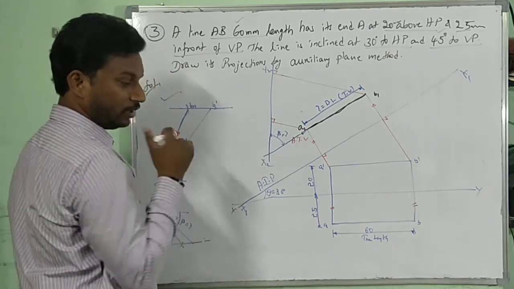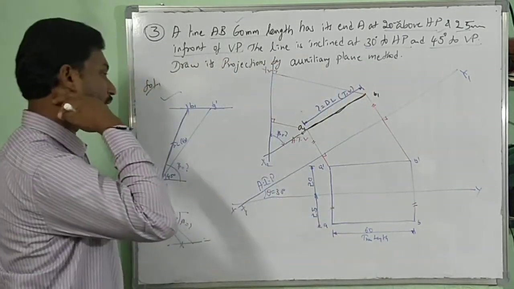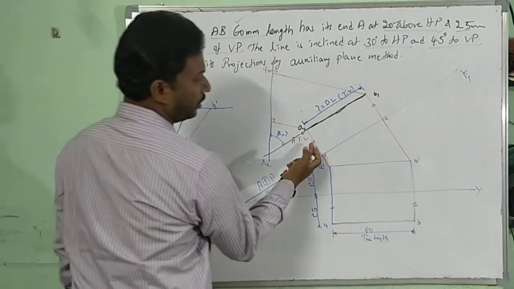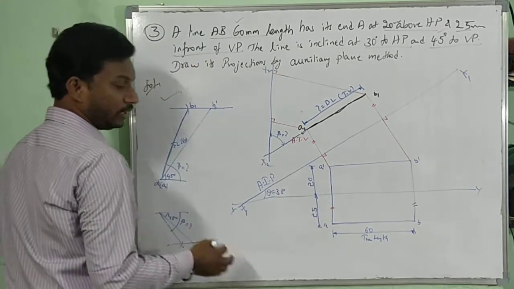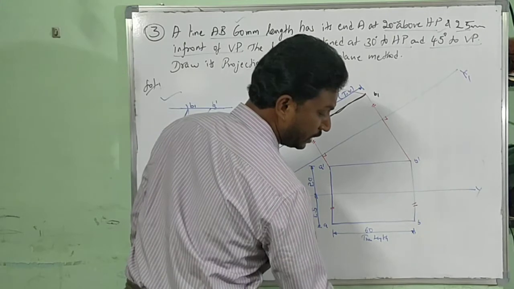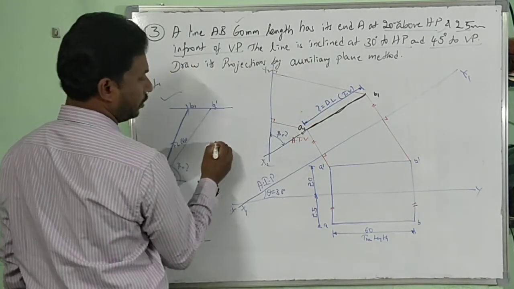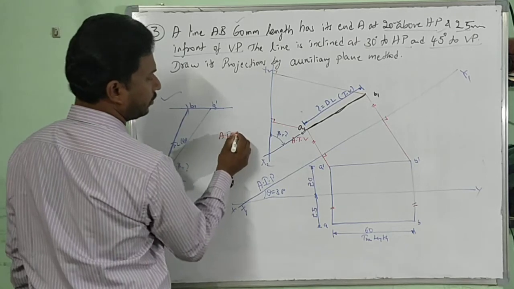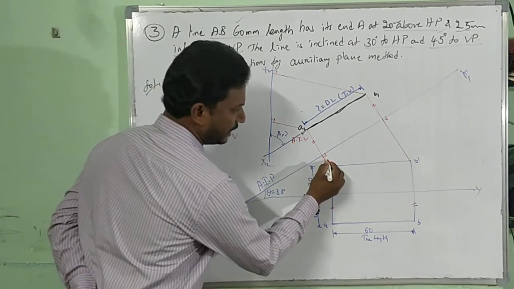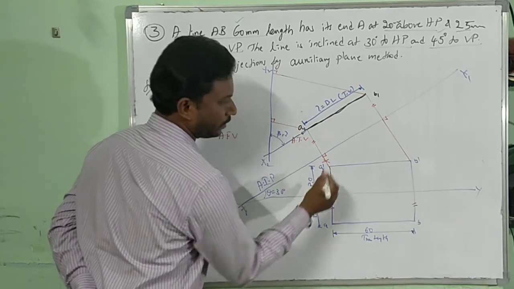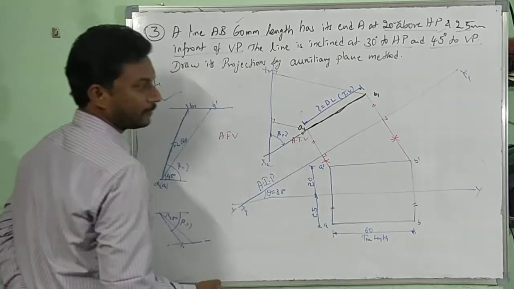Now after this I have to extend. To find out the final, what length do I have to extend? See, for this auxiliary top view I have extended this. Now what do I have to get here? The auxiliary front view, A1 dash, B1 dash, right? Now how much do I have to extend? See here these lines, cross, star.